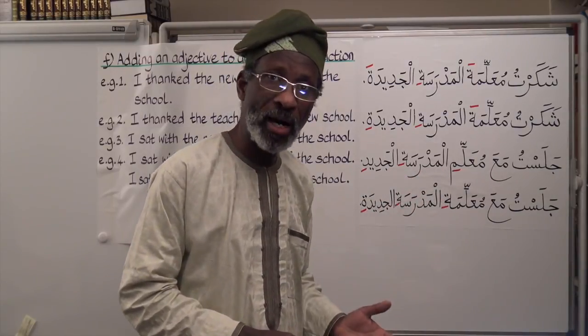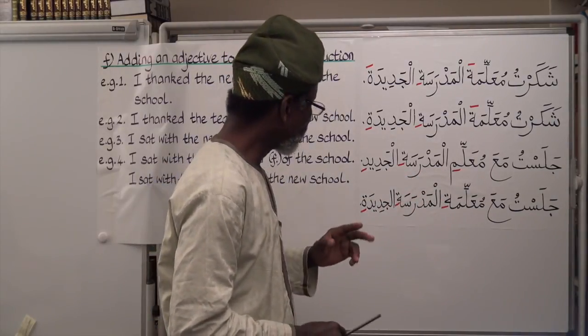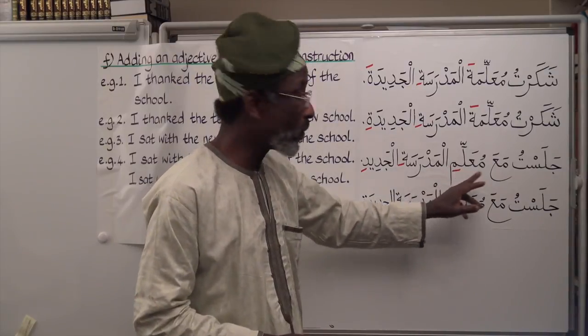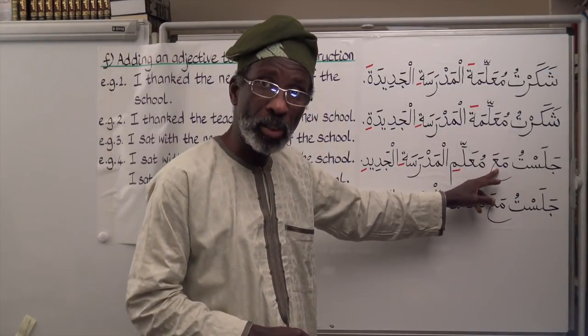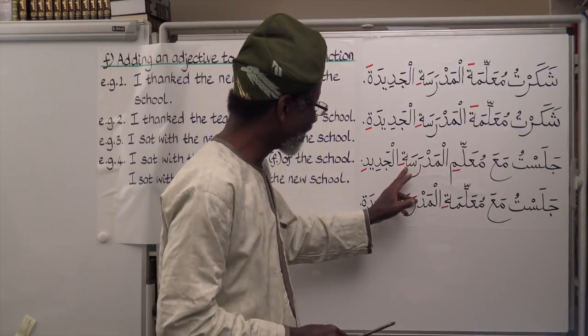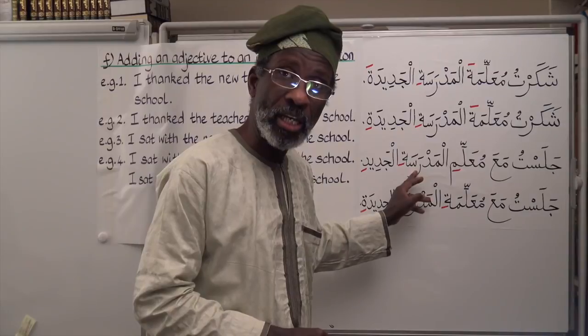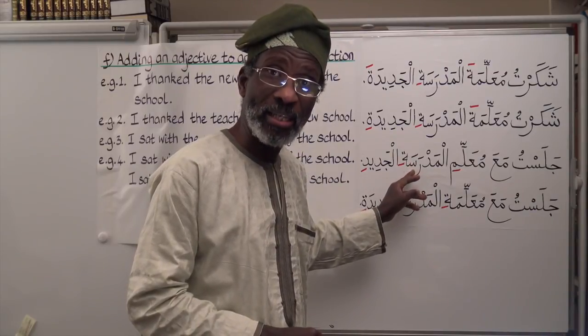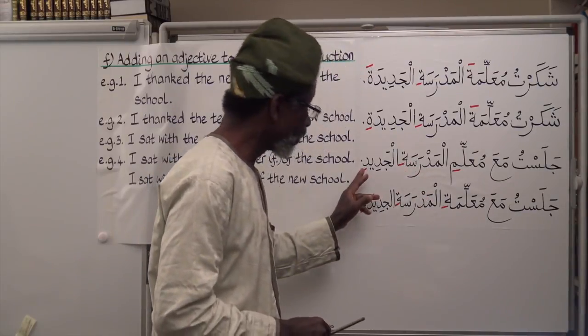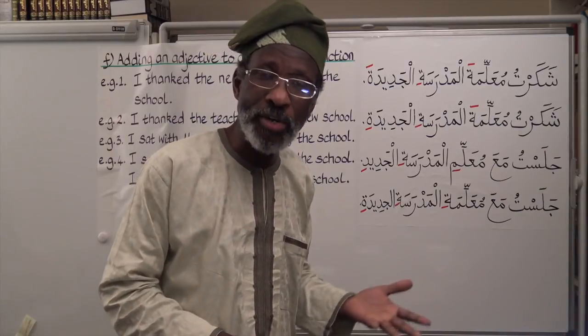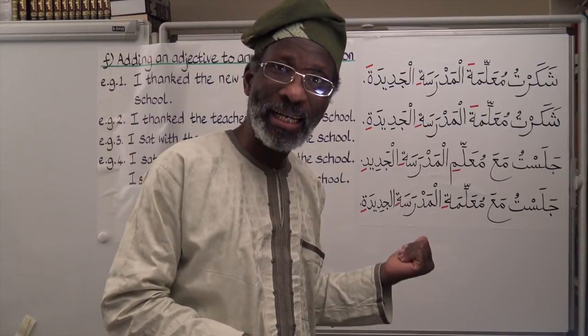Al-Madrasa is also defined. But you see, this is carrying kasra because of ma'a, as we learned before, and this is carrying kasra because it is the second noun of the Idafah or possessive construct. This also is carrying kasra, so we don't know yet the owner of that particular adjective.